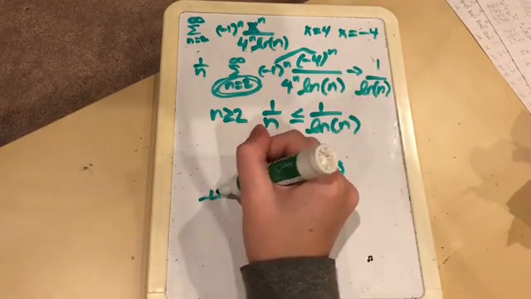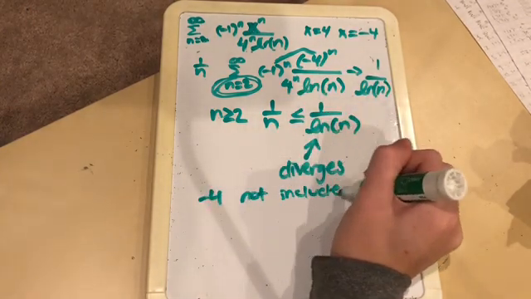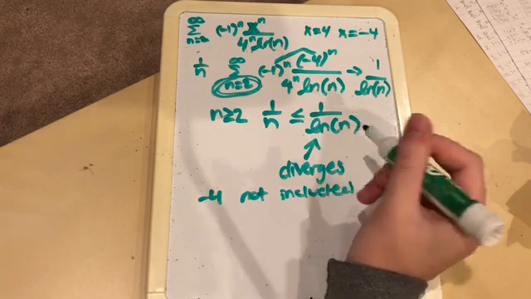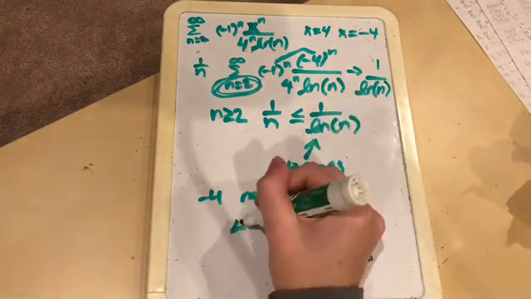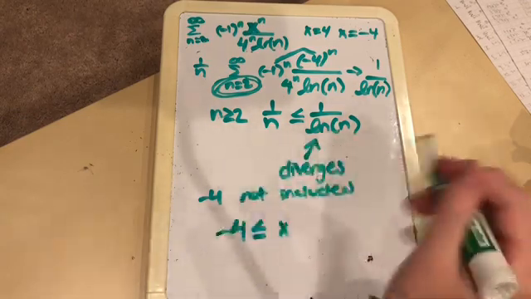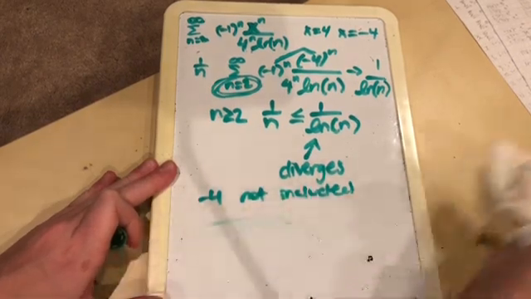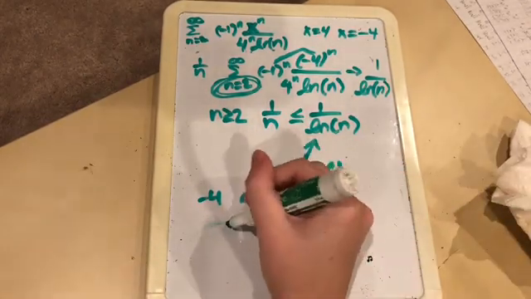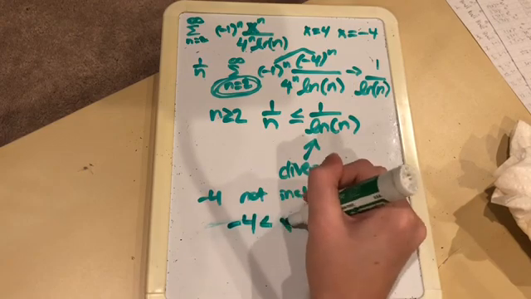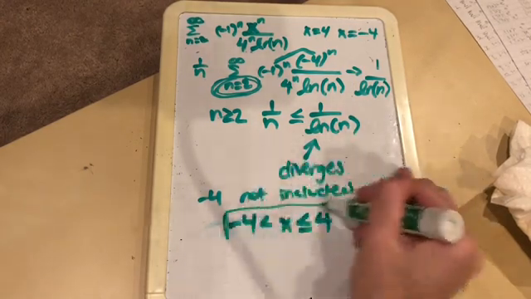And -4 is not included in the interval of convergence. So therefore, your full answer, with 4 included and -4 not included, gives you this full interval. We go from least to greatest, and this is your answer.